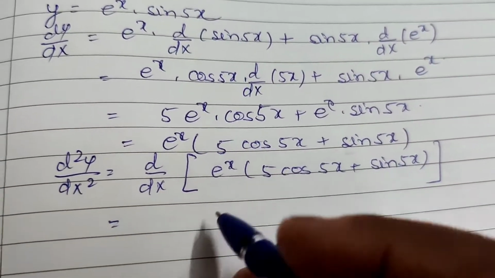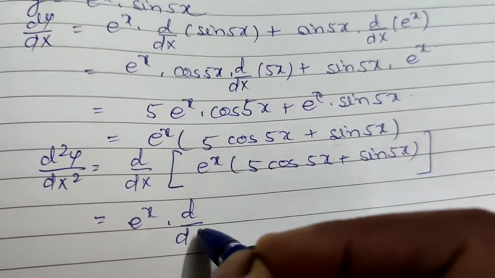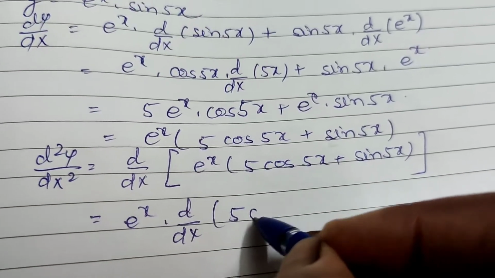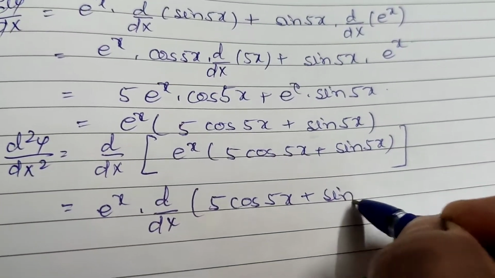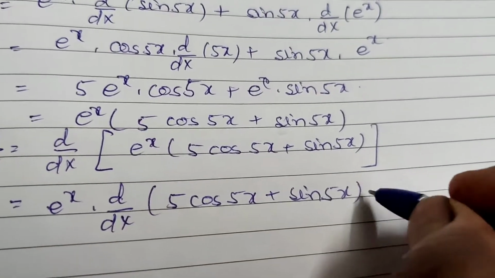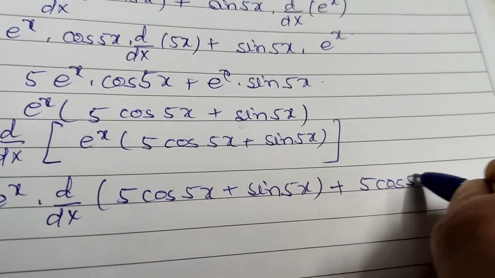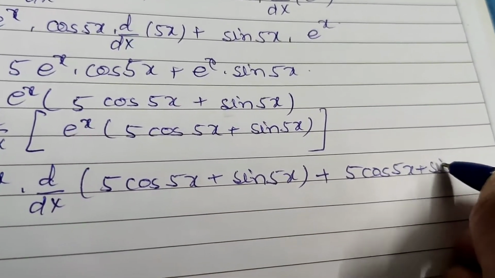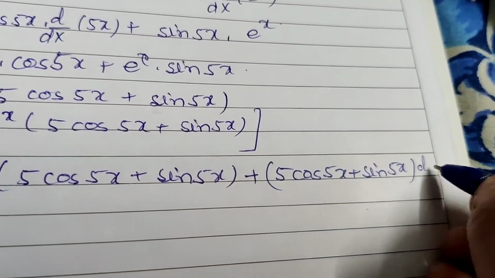By the product rule, the first function is e raised to power x and d over dx of 5 cos 5x plus sin 5x, this is the second function. And the second function, 5 cos 5x plus sin 5x, and differentiation of e raised to power x.